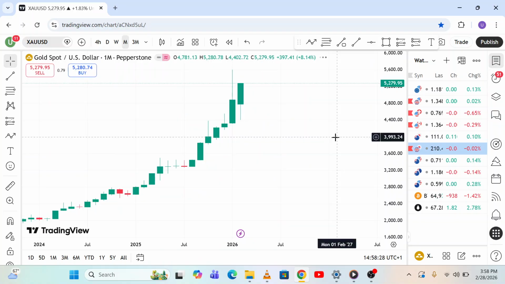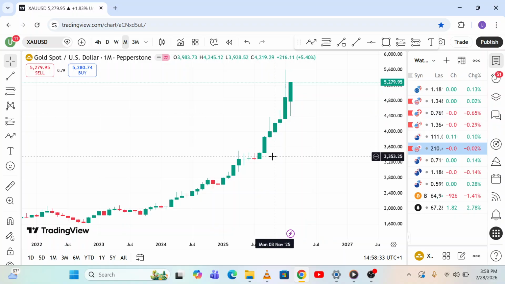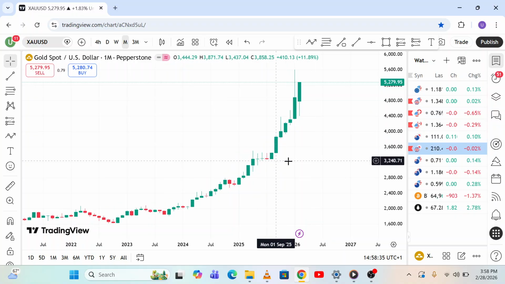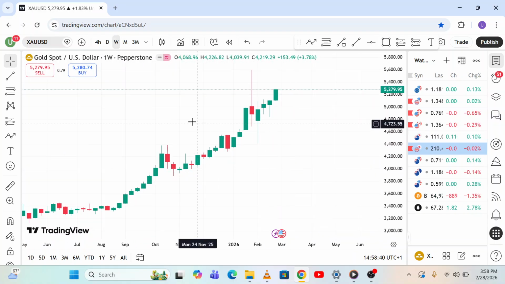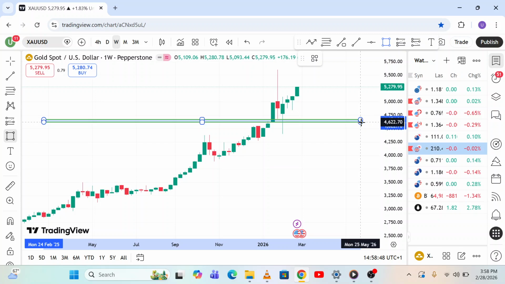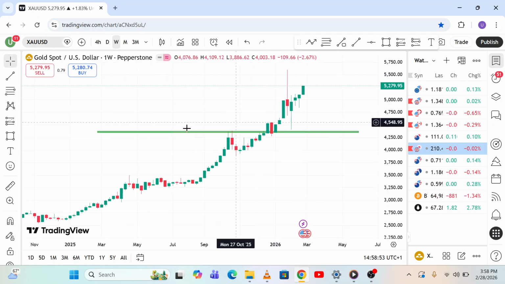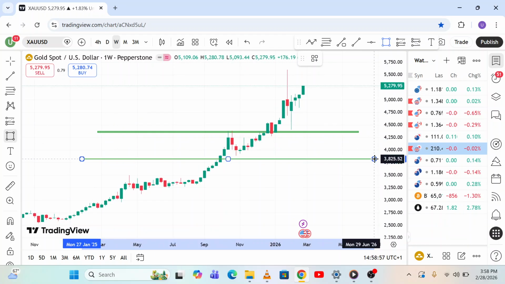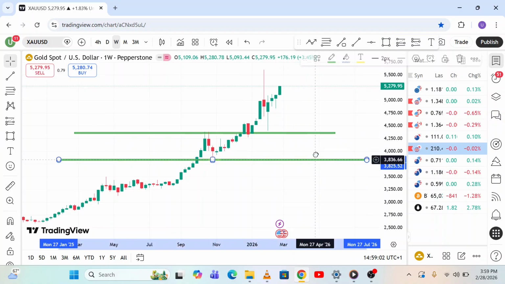Let's go in a monthly time frame to see what's going on. Still the same scenario. We are still seeing bullish momentum, but no clear higher high or higher low. Let's go in a weekly time frame to see. Let's try to put our levels here, but as it seems it's uptrend because we are seeing the bullish momentum.